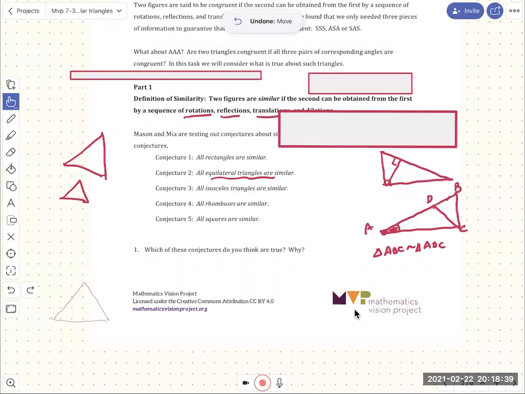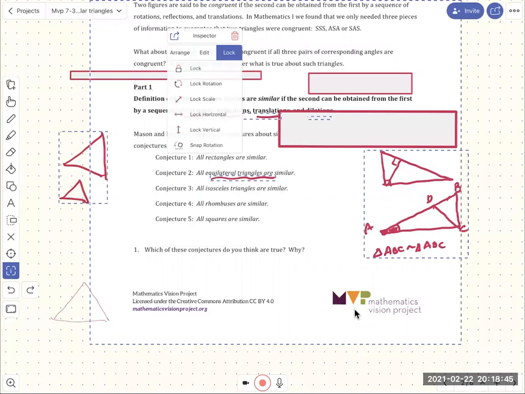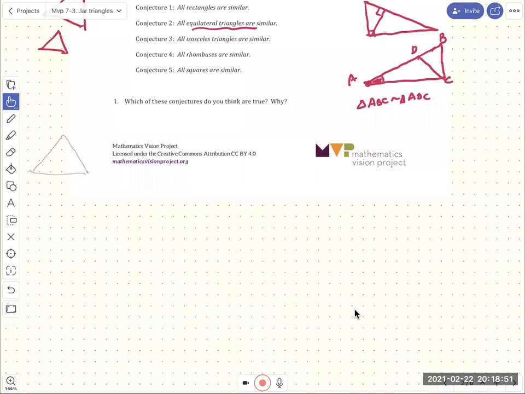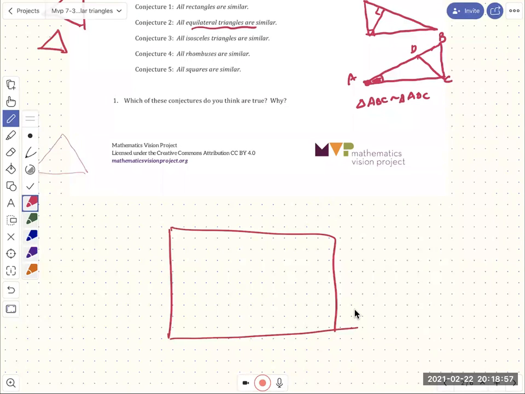Okay, so what would your argument be about why all isosceles triangles are not equivalent? And you could, if you wanted to, go back and see if you remember that chart of the triangles of reality or something like that.